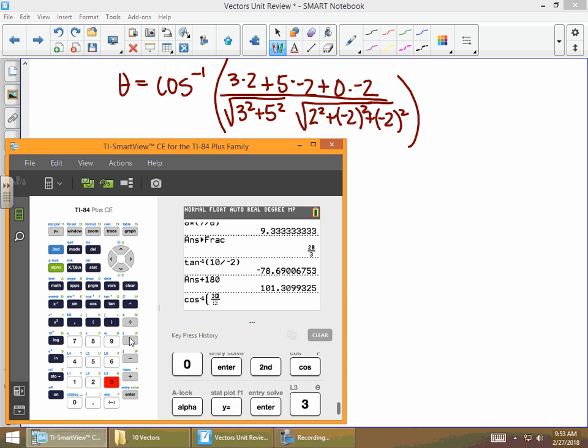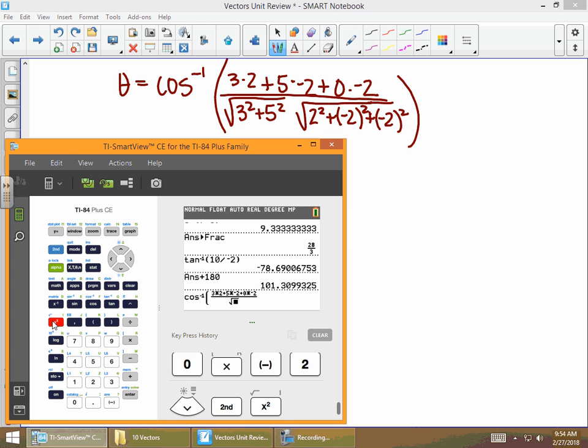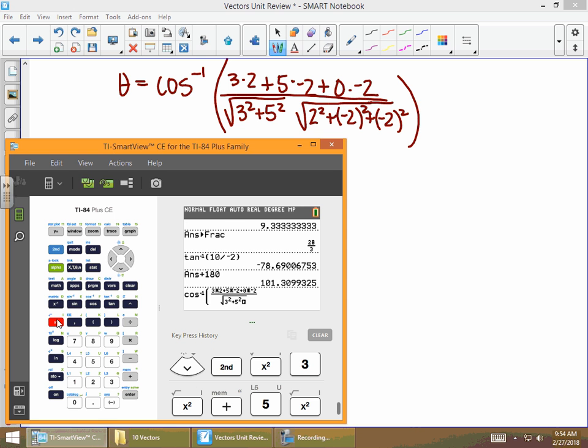So now you can do 3 times 2 plus 5 times negative 2 plus 0 times negative 2, which you don't even need there, over square root 3 squared plus 5 squared. Make sure you get out of that square root and make yourself another square root there next to it. 2 squared plus 2 squared plus 2 squared.